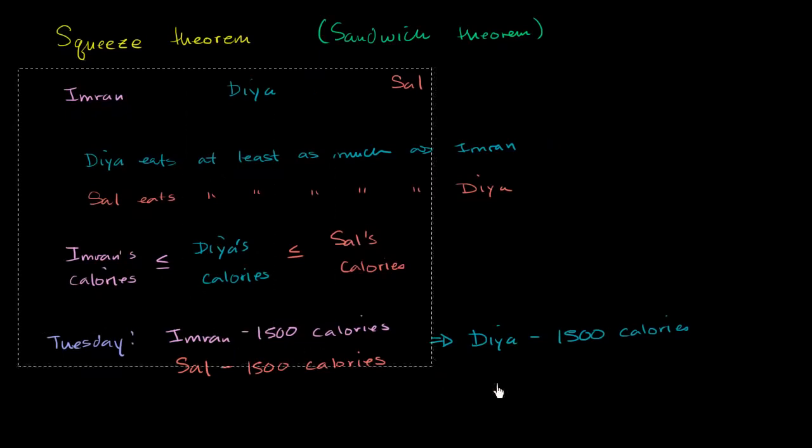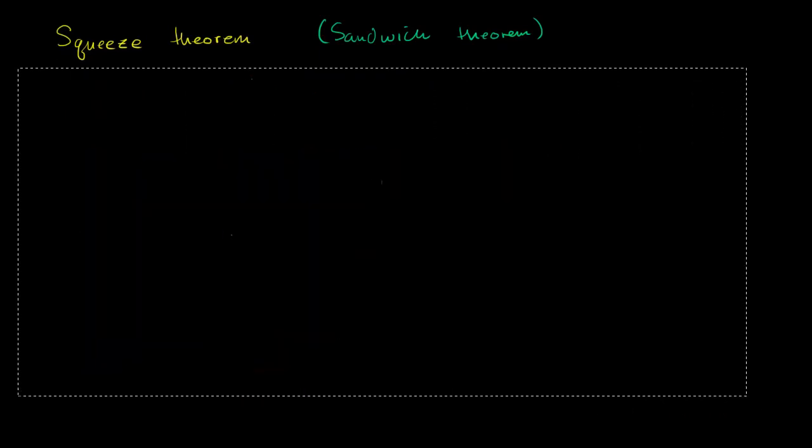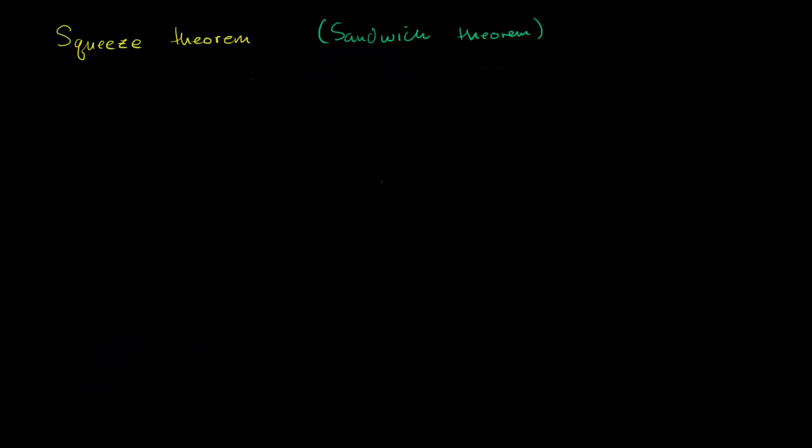Let me clear this out so we can have some space to do some math in. Let's say we have the same analogy, and we have three functions. Let's say f of x over some interval is always less than or equal to g of x over that same interval, which is also always less than or equal to h of x over that same interval.